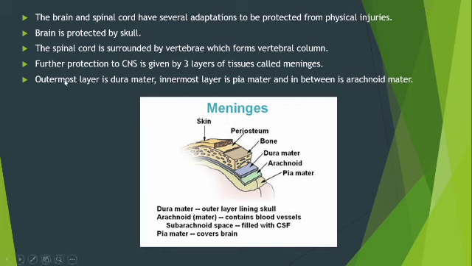The outermost layer is the dura mater and the innermost layer is the pia mater, and in between there is the arachnoid mater. Infection of these meninges causes meningitis.